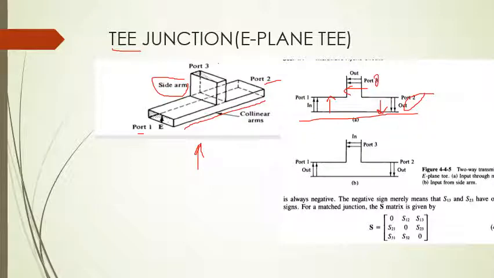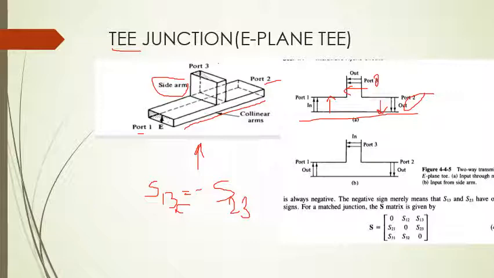I will write it as S13 will always be equal to minus S23. What does it mean? Whenever power enters through port 3 and reaches port 2, it will be opposite in phase to the power found at port 1 when input from port 3. So S13 will always be equal to minus S23.